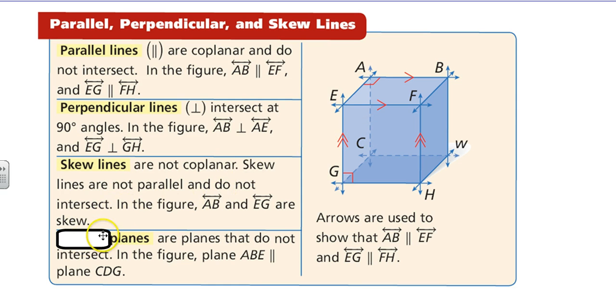And finally, planes that do not intersect. Imagine two planes that will never intersect, must be parallel planes, right? In this figure, we could name this front face. Let's name it with 3 points. GEF would be parallel to the back face, right? CAB. They name ABE, the top surface of this, what appears to be a cube, right?